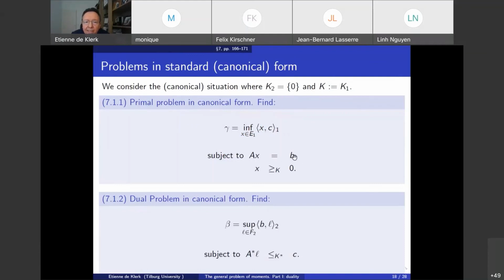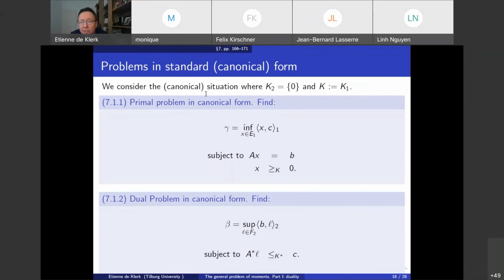Before we had AX minus B belonging to the K2 cone. If the K2 cone is just zero, then this is just AX equal to B. This is what we usually call the standard form of the conic linear optimization problem. And then the dual cone K2 star is just the whole space. So this simplifies things.